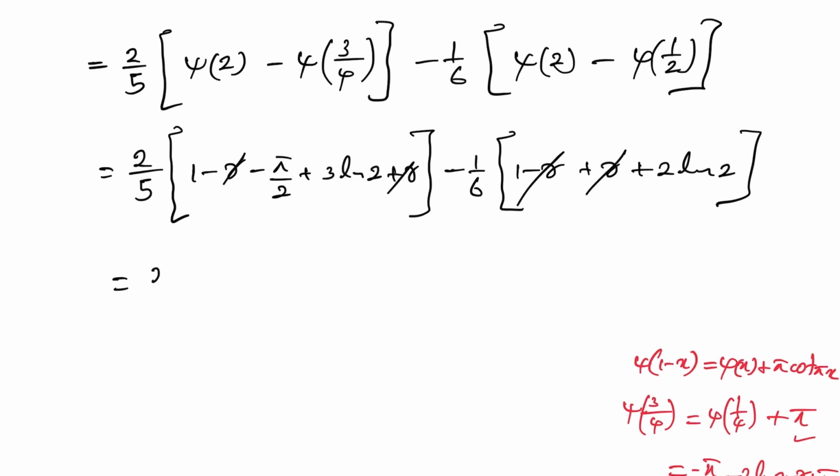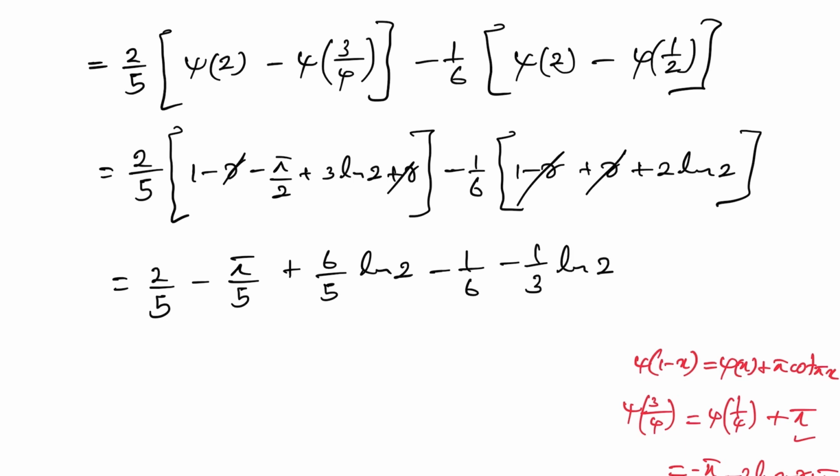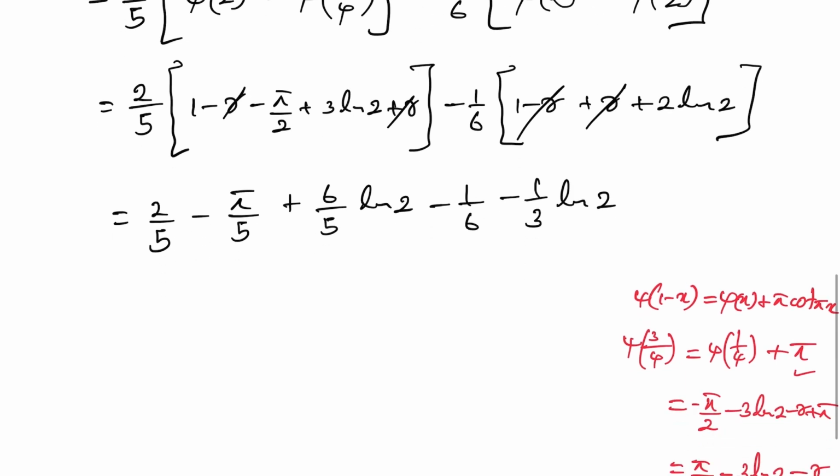So we have here 2/5 minus 2 get cancelled. So pi over 5 plus 6/5 times natural log of 2 minus 1/6 then minus 1/3 natural log of 2. Well, now we can simplify.